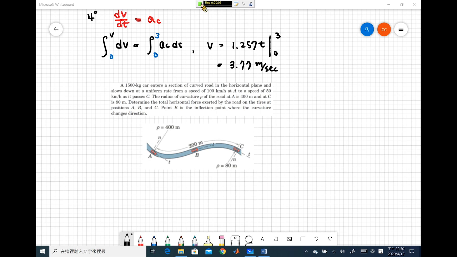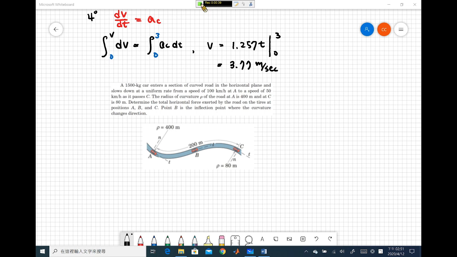The next example is that a 1500 kilogram car enters a section of a curved road in a horizontal plane and slows down at a uniform rate from a speed of 100 km per hour at A to 50 km per hour at C. The uniform rate means your at is constant.